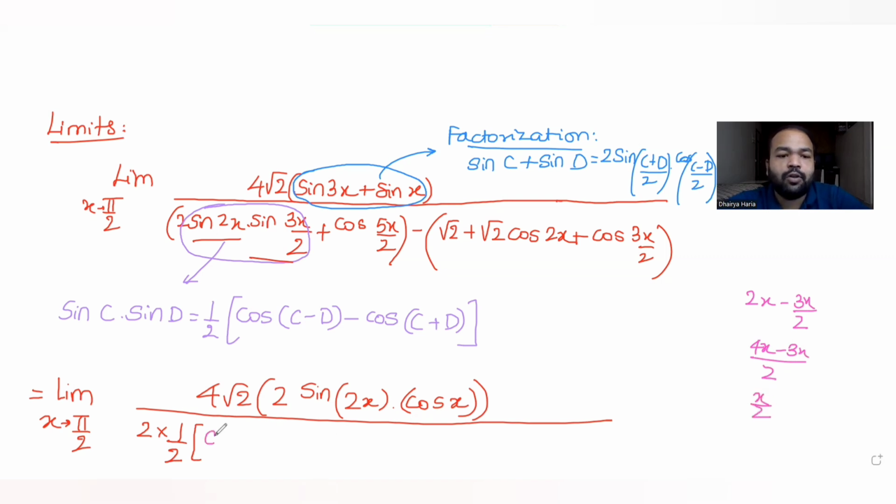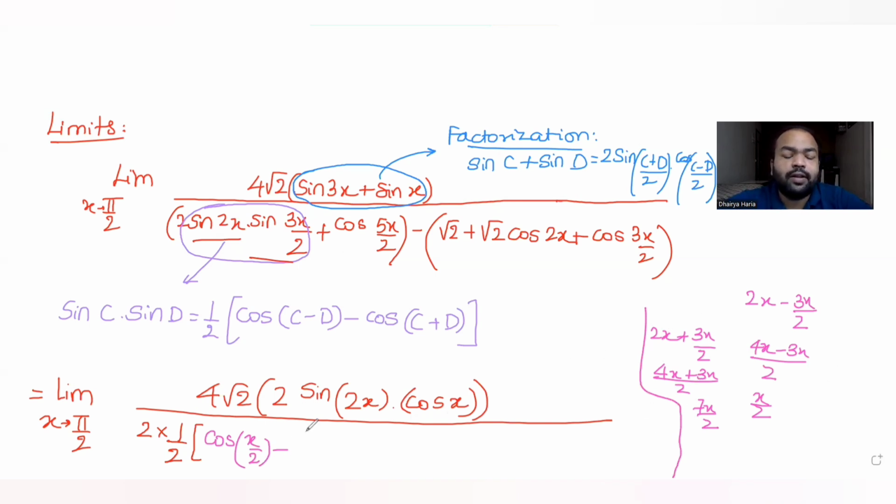So you get cos of x by 2 minus cos of (c plus d). Now I add both the angles, 2x plus 3x by 2, so it becomes 4x plus 3x by 2, which is 7x by 2. This is the working we are doing here.